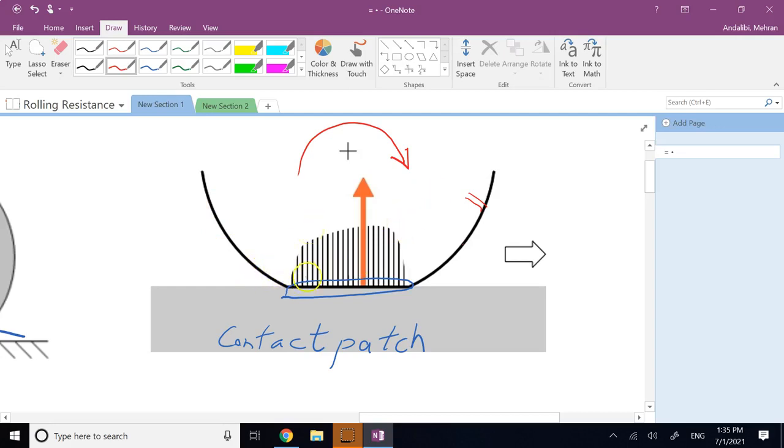And so if you find the resultant force of this whole pressure distribution, the resultant force, which here is shown by this big arrow, is not going to completely pass through the center of the tire. So there is a little bit of offset here, okay, this much. And if you call this force N, and if you call this distance d, then from this d and N we create a torque. This is the T of the engine or the gearbox.